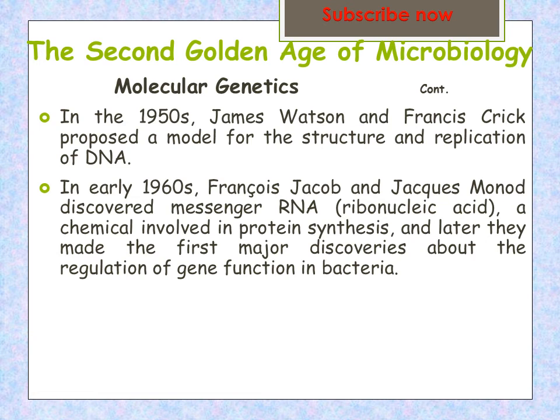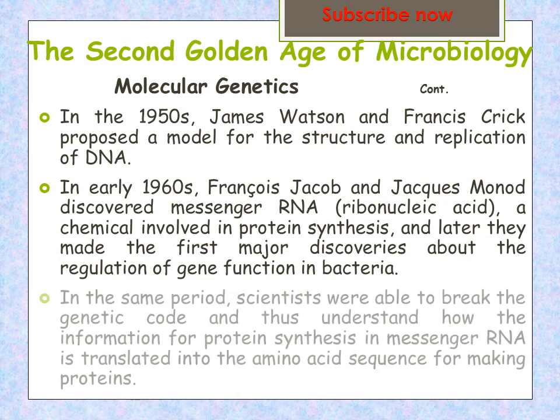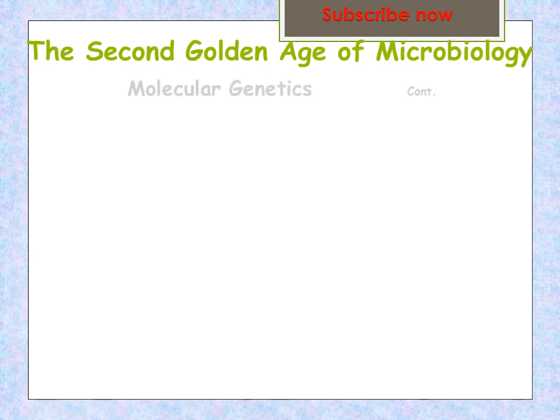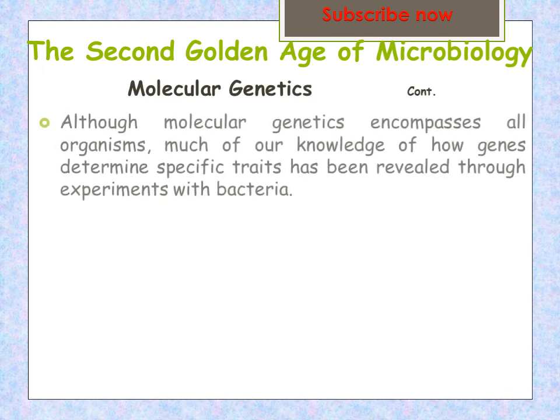In the same period, scientists were able to break the genetic code and thus understand how the information for protein synthesis in messenger RNA is transmitted into the amino acid sequence for making proteins. Much of our knowledge of how genes determine specific traits has been revealed through experiments with bacteria.